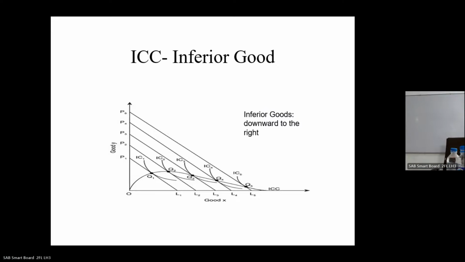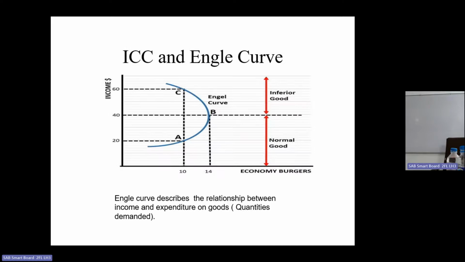Okay. So this is the ICC, right? Now, if you look at the Engel curve, right? If we take the income change and the demand for a particular product, the relationship is explained in the Engel curve. Here we take the income and the demand for workers, right?